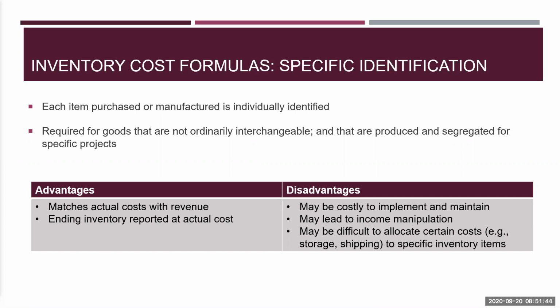But on the good side, this identification method is really detailed. It will track one-to-one. It will have the item tracked by itself. So every time a new item is purchased and every time a new item is sold, this method will go ahead and account for that. So it's really detailed, and will give you the most accurate information.